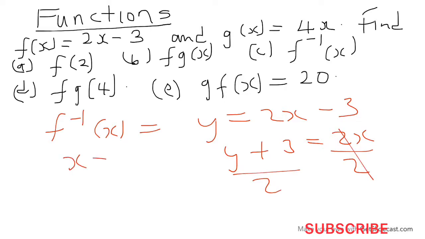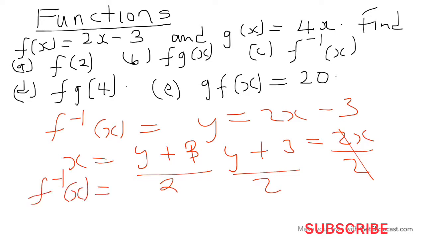We want to have x is equal to y plus 3 over 2. Now, for the inverse, where there's y, you now put x. So you have x plus 3 over 2.